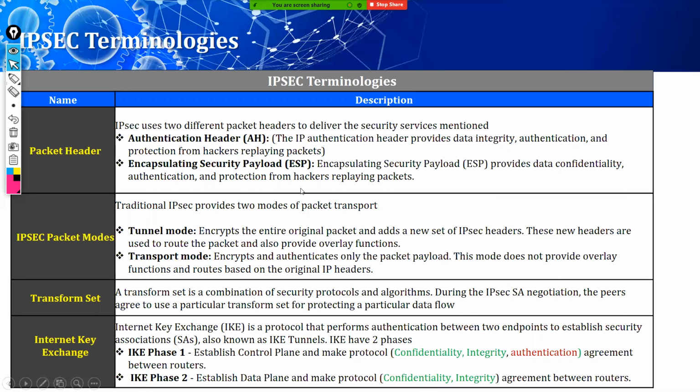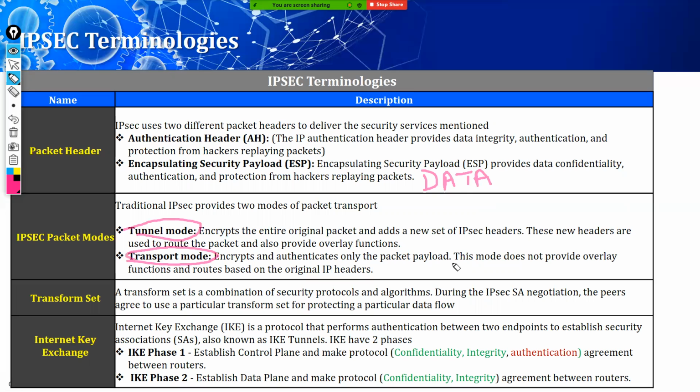For the packet header in IPsec, we have the authentication header and the encapsulating security payload. The ESP protocol we use during the data communication. For IPsec, we have two modes, tunnel mode and transport mode.